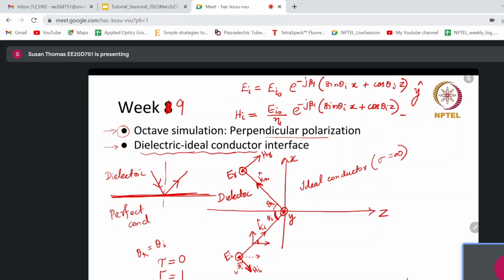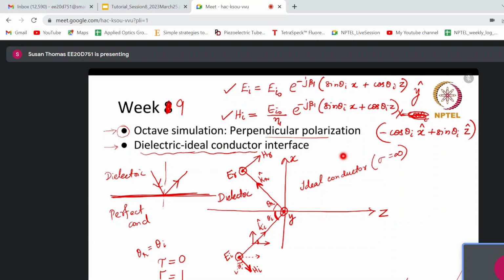So minus cos theta I into x cap, and the other is plus sine theta I into z cap. So that is the direction of the HI vector. So this is the EI vector and this is the HI vector. Similarly, we can write ER and HR.